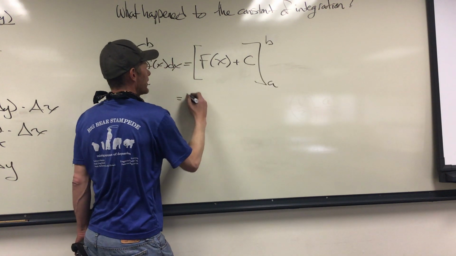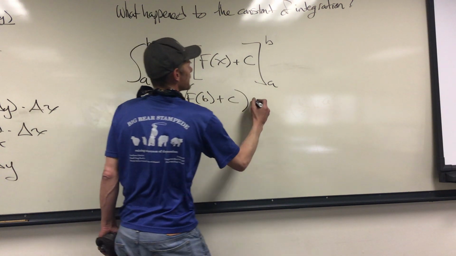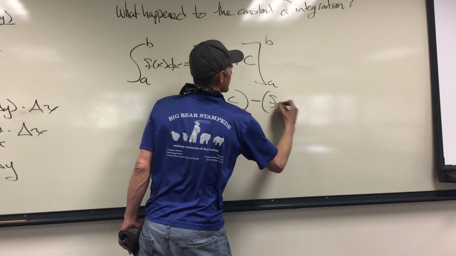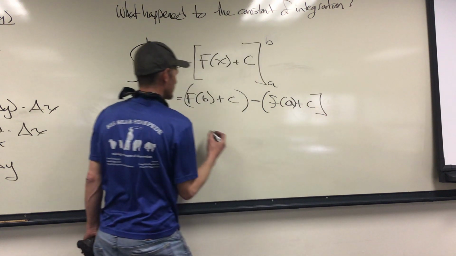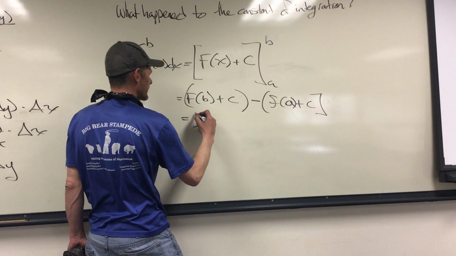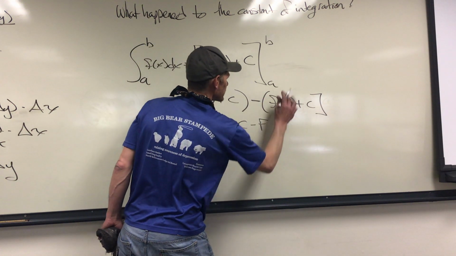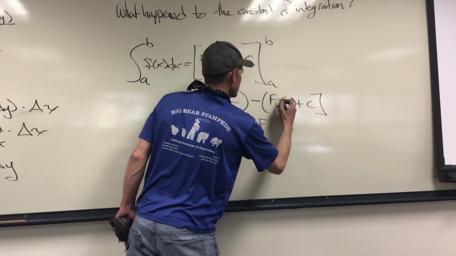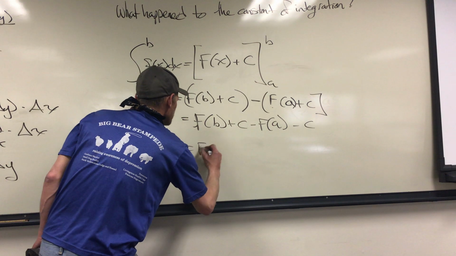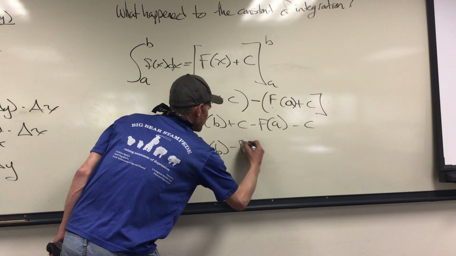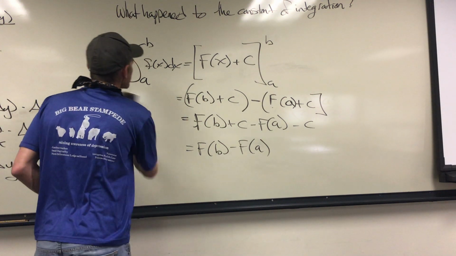So we have F of b plus c, that's the first one, and minus F of a plus c. And when I remove the parentheses, I have capital F of b plus c minus capital F of a minus c, and the c's disappear, and we don't have to worry about them at all. Yeah? Good. So that's why we don't have to worry about them.